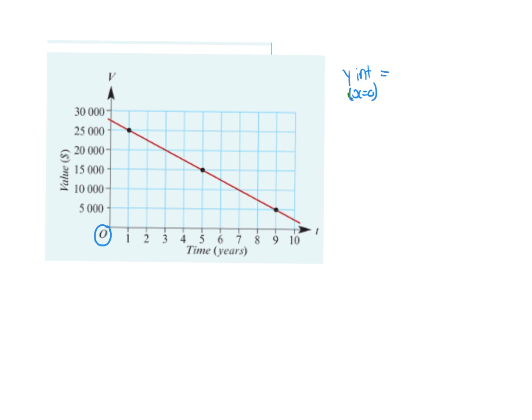The way you know it's the y-intercept is because it's 0 down the bottom. So if you go through here, it's a little bit off, isn't it? So we could estimate, let's say it's halfway between 25,000 and 30,000. So what are we going to say it is? 27,500. Yeah.